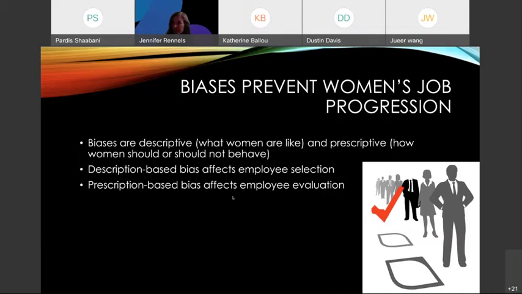And so it eradicates any perceived lack of fit with that position. But now her actual success is a violation of these prescriptive norms, right? How women should or should not behave. If they're acting tough, showing power, this bad fit with these norms and how a woman in a leadership role is behaving can lead to less favorable evaluations, meaning that they may not then proceed up the corporate ladder.